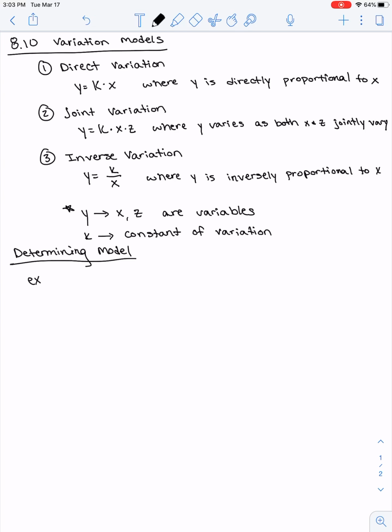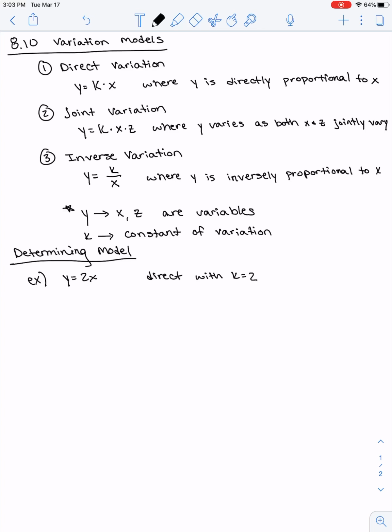For example, if I gave you y is equal to 2x and I asked you what type of variation model this was and what was the constant of variation, you should be able to tell me that this is direct variation with k equals 2, because y is only dependent on x, and the constant in this equation is 2.